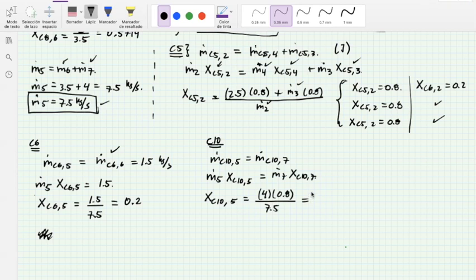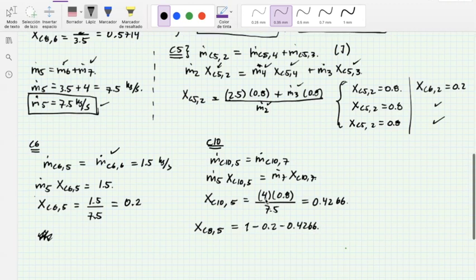And if I didn't make a mistake in the calculator, this one should be equal to 4.4266. Okay, therefore, the only substance that I'm missing here at stream 5 should be equal to 1 minus 0.2 minus 0.4266.